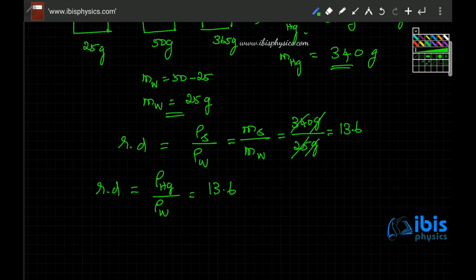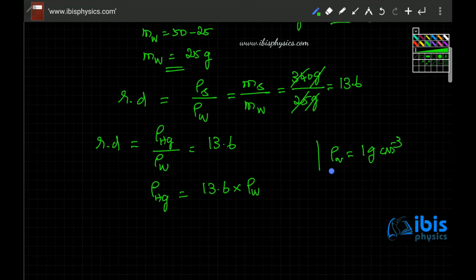That is the relative density. Then what is the density of mercury? Density of mercury is 13.6 into the density of water. We know that the density of water in the CGS system is 1 gram per centimeter cube, or in the SI system is 1000 kilograms per meter cube.